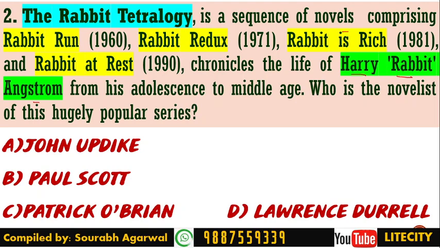If we talk about Lawrence Durrell first, he was born in India and he is basically known for the Alexandria Quartet. If you want to note it down, please note it. The Alexandria Quartet, very important from our examination point of view.